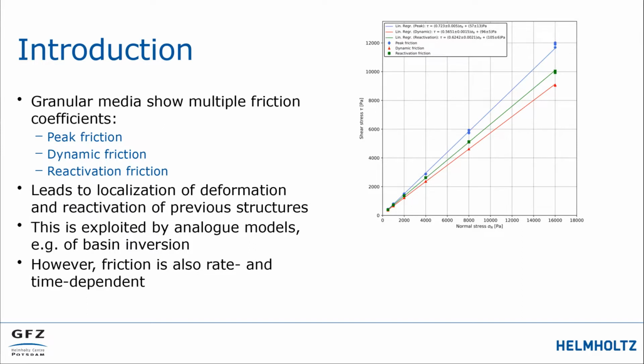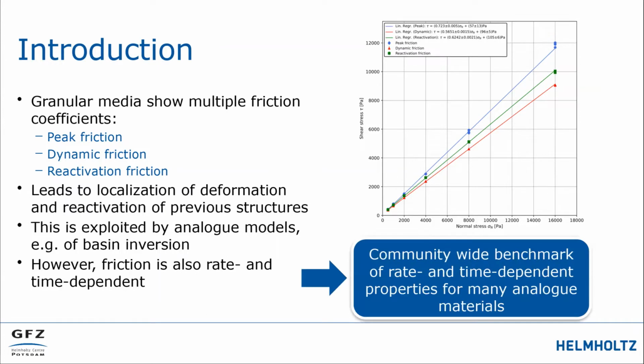The faster you shear, the lower your friction in the granular material is. In analog models, usually this is not a problem because we shear at very low rates. On the other hand, we have a time dependent effect, which increases the reactivation friction over time. And this is also one of the reasons why I'm doing this study.